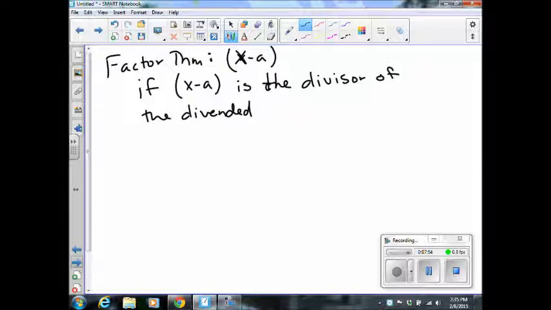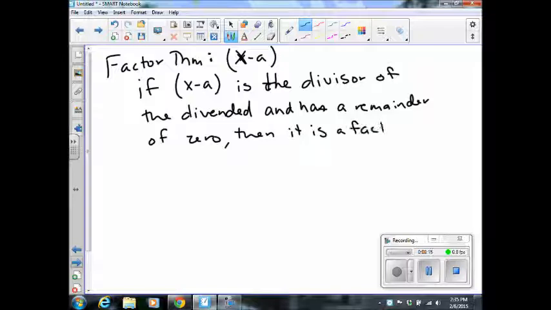If x minus a is the divisor of the dividend and has a remainder of 0, then it is a true factor. There are a couple different ways that we can do this. You can either use synthetic division or long division. Majority of you are probably going to use synthetic.